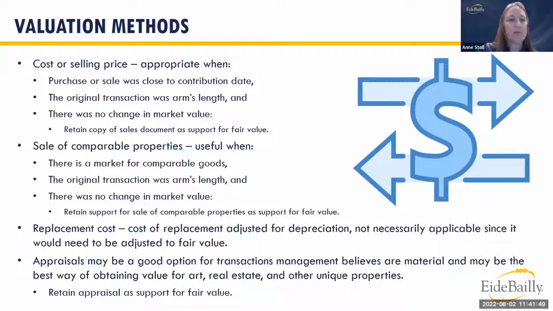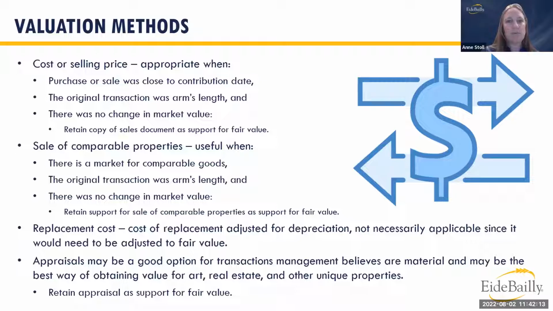Another method that could be used is the sale of comparable properties. This is something where there is no identical item that is out there being sold, but there does have to be a market for comparable goods. In the original transaction, maybe that wasn't at arm's length.